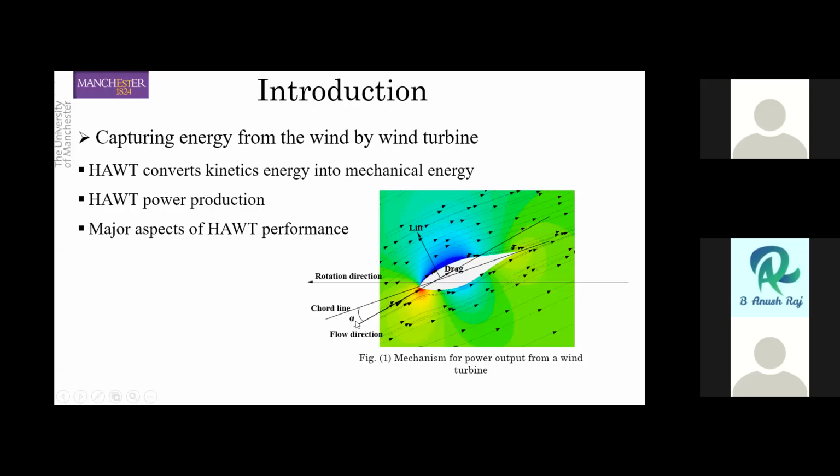This angle is very important in order to make a component of the lift force in the direction of rotation, rotating the rotor blade, which leads to generating the moment and then the aerodynamic power.